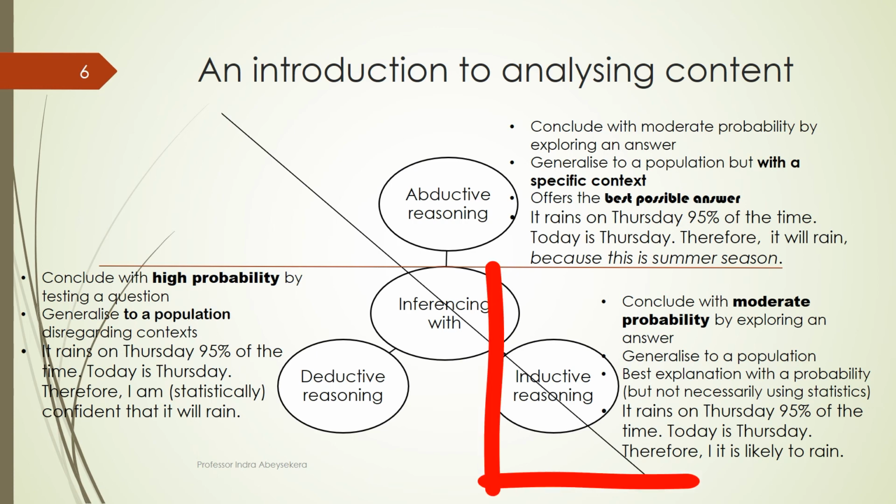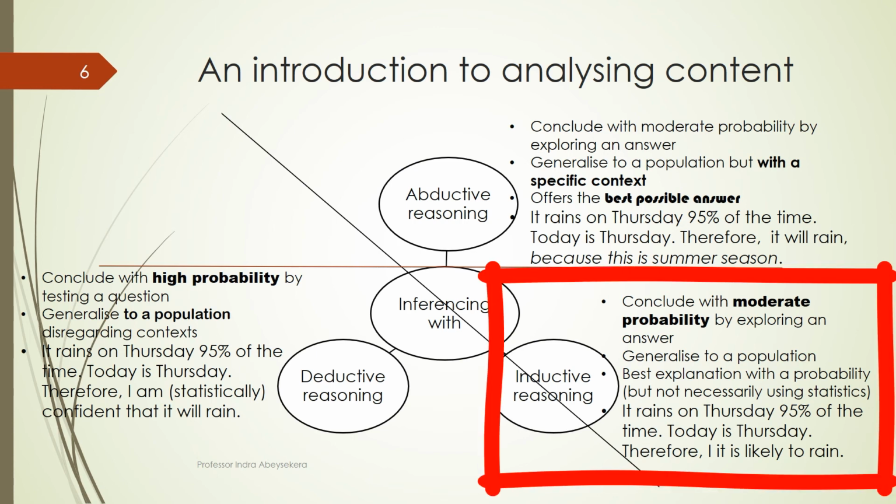Inductive reasoning is where we conclude with moderate probability by exploring an answer or a solution. We start with a specific problem or question and try to generalize to a population, but not using statistics.